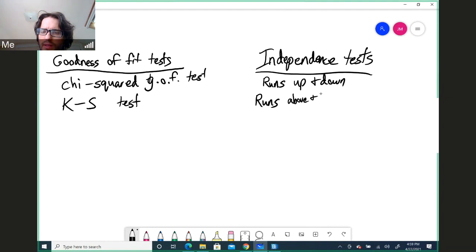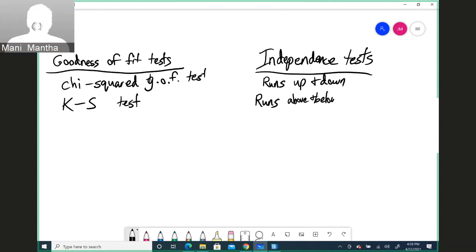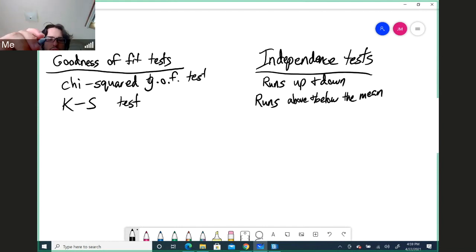Above, yes, you're right. Yeah, it's runs above and below the mean. Yeah, and I would make sure that you know how to run these tests. So know how to run this one. Definitely know how to run that one, this one as well.